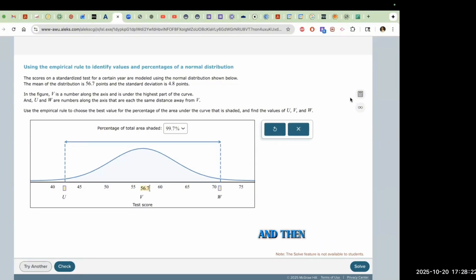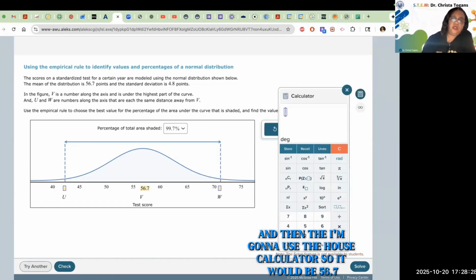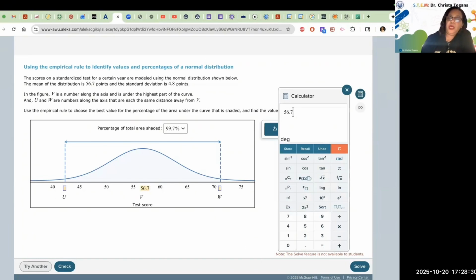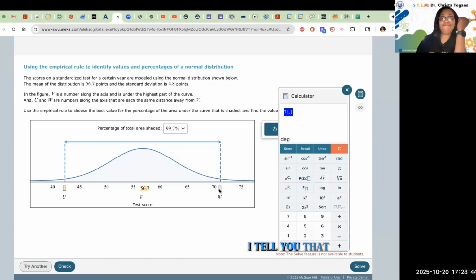Then I'm going to use the calculator, so it would be 56.7 plus three times 4.8. Well, this is actually much easier than the way I learned it.